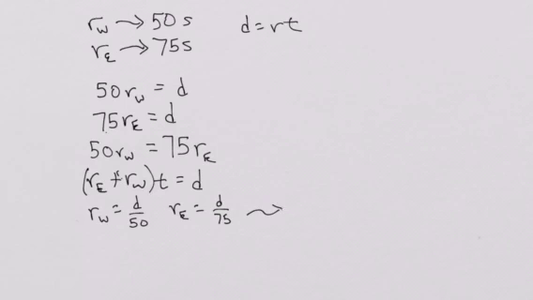And putting those two guys together, I'm going to get R sub W, this guy, I'm going to call D over 50, plus R sub E, which I'm going to call D over 75.